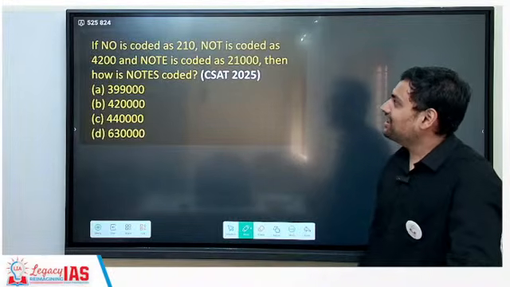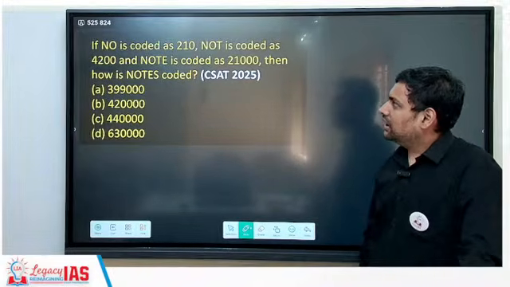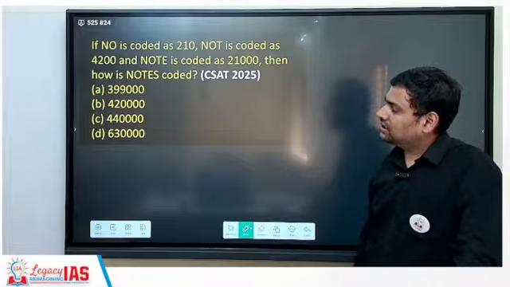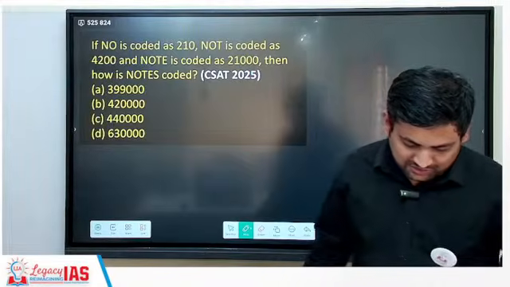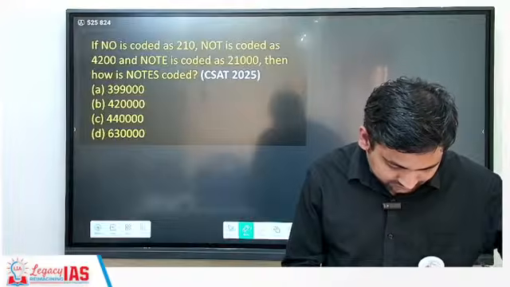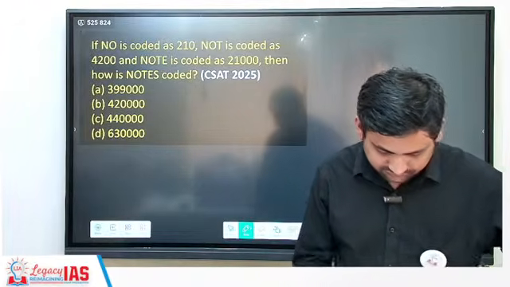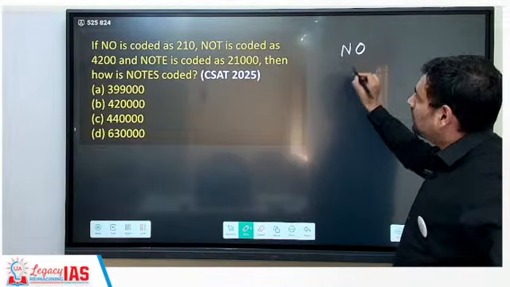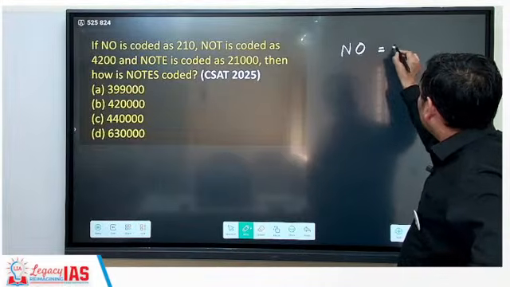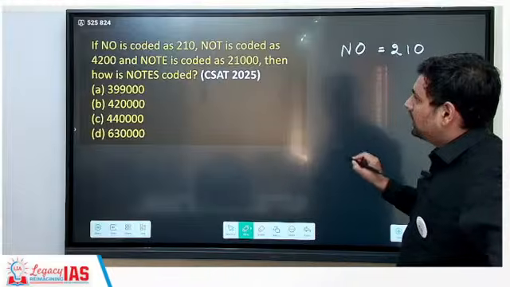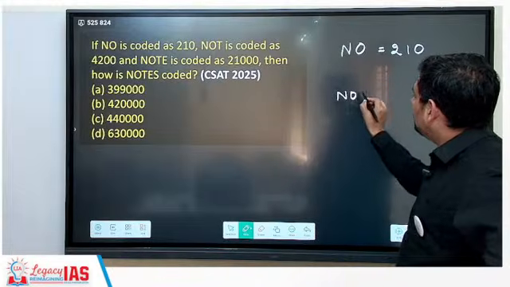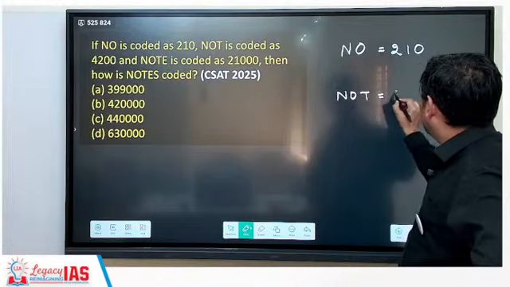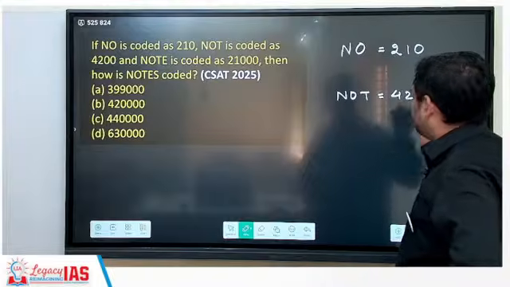If No is coded as 210, and Not is coded as 4200, then Notes will be coded as what? I'm just writing, I'm not telling.